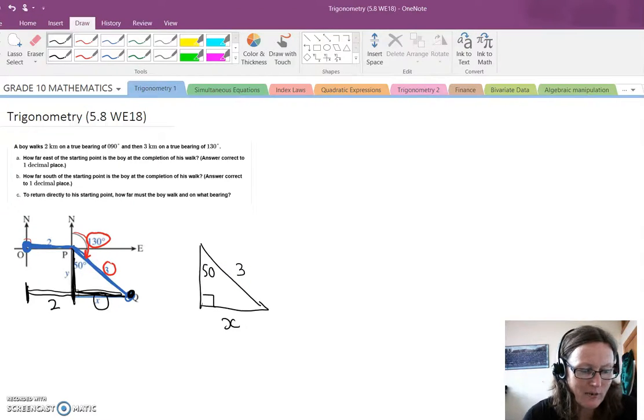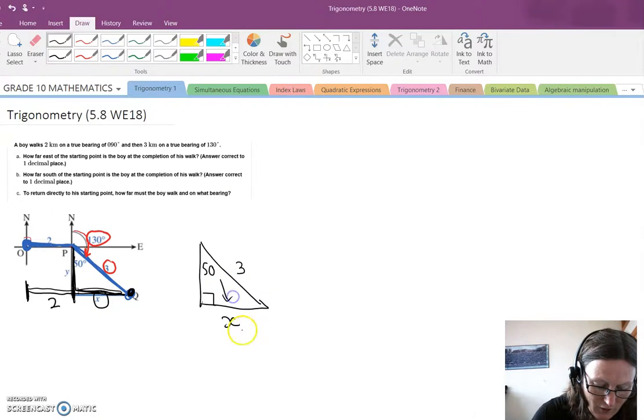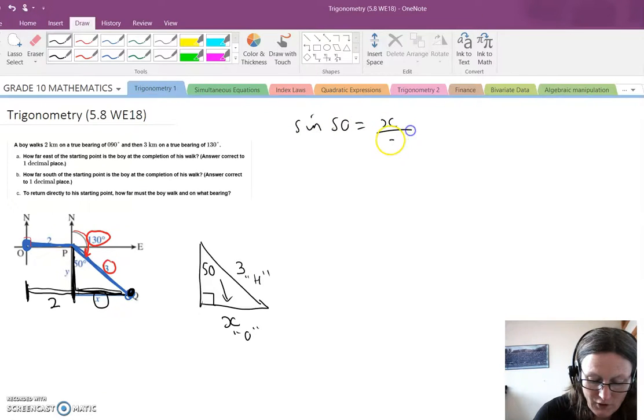So we can now find out the value of x. We have got opposite and hypotenuse, so we use the sine ratio. So we say the sine of 50 is equal to the opposite over the hypotenuse, then 3 times by sine 50 equals x.